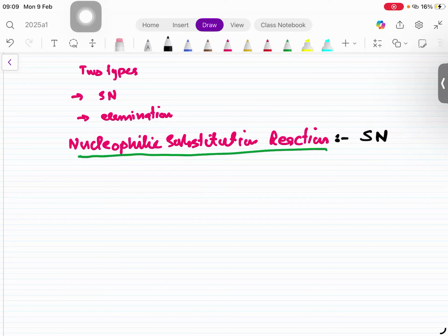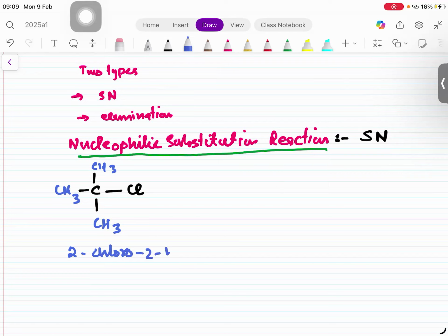Now, if I give you an example, this is a haloalkane reaction. Look at this haloalkane. This is 2-chloro-2-methylpropane.